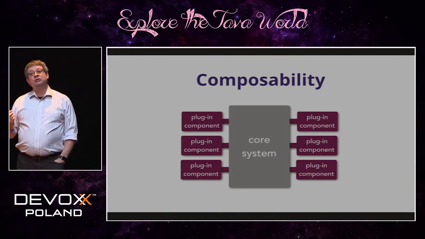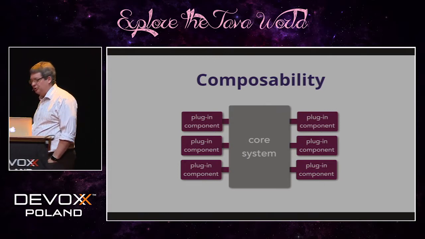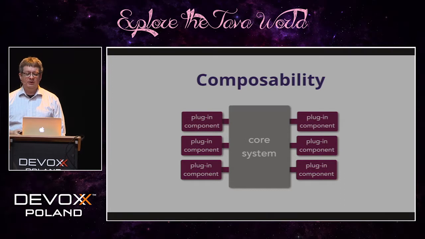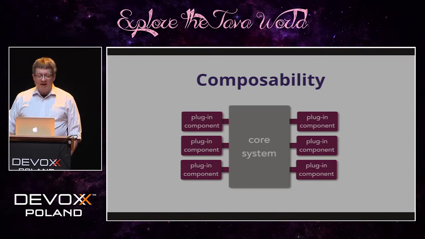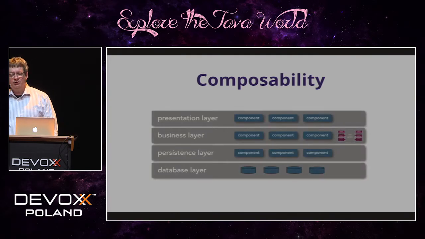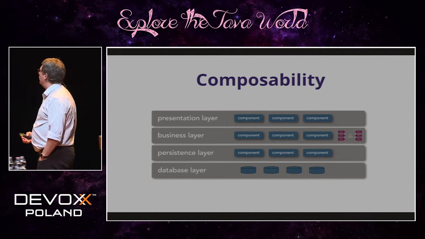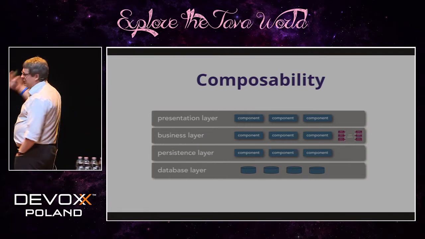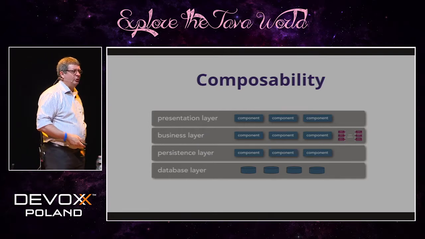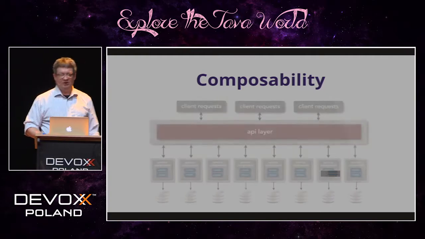Maybe this is a business rules engine that is designed with this microkernel style architecture, and you can add new business rules via plugins. This may be one of the layers in a layered architecture. So maybe your business layer is implemented using this rules engine, which is a microkernel architecture, and this layered architecture is in turn one of the implementation details of a microservice architecture.